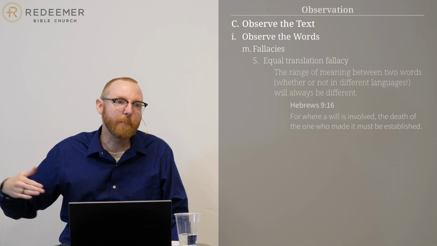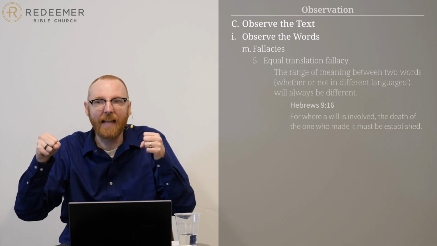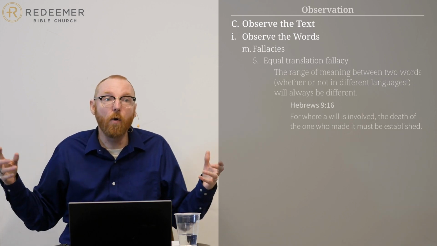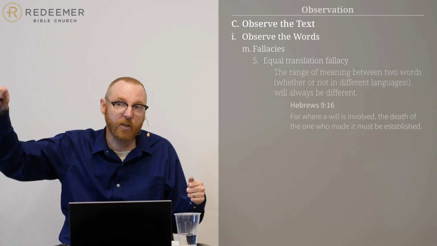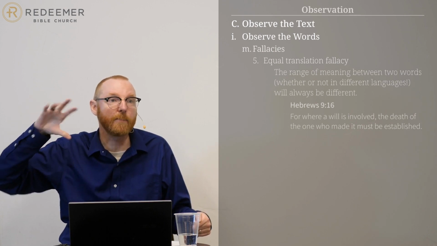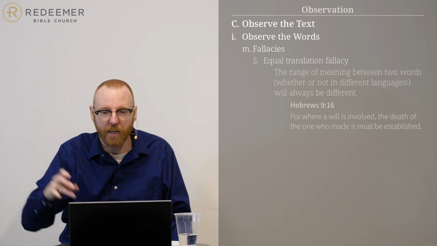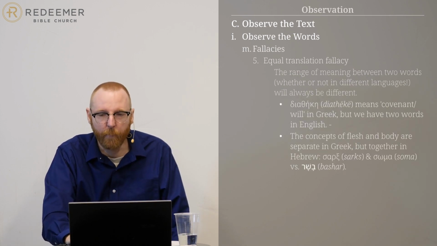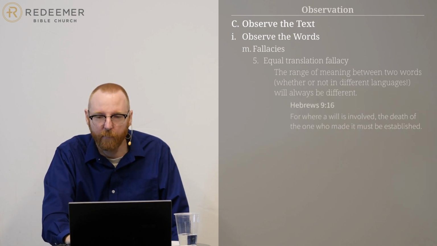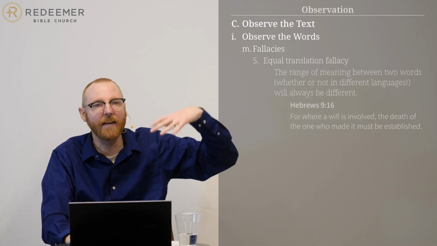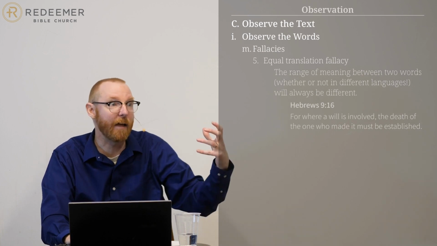And the author of Hebrews unpacks that. You got to understand that if you're going to understand that passage. And even when it's translated, you want to know, hey, this is the same word. Sometimes it's translated will, sometimes covenant, because we have two different concepts for their one. Does that make sense? And then vice versa. So Hebrews 9, where there is a will involved, the death of the one who made it must be established. You go read through chapter 9, will and covenant go together.